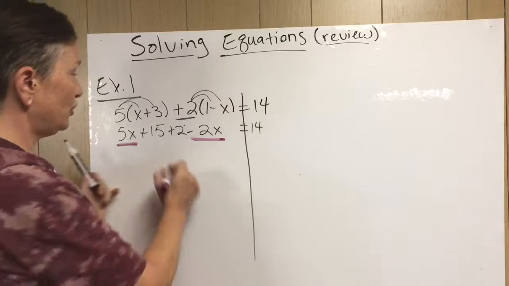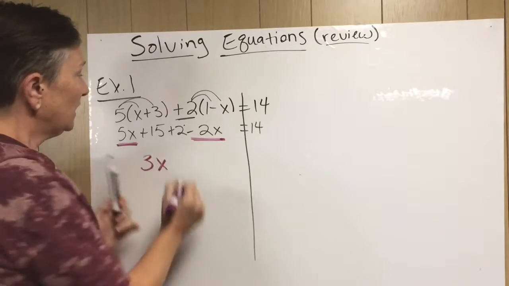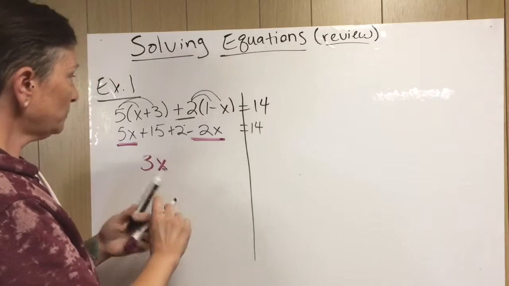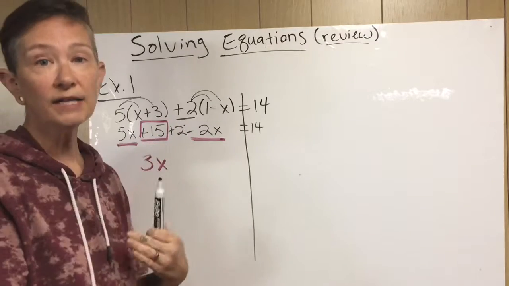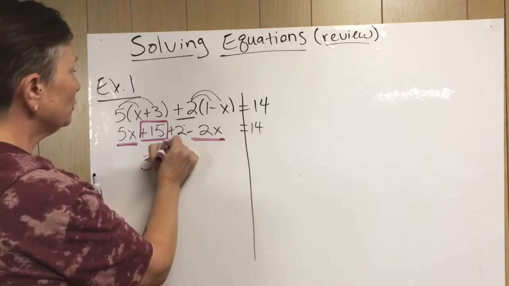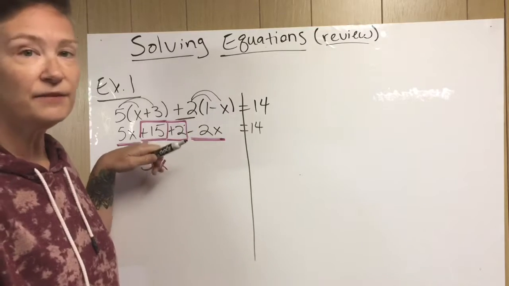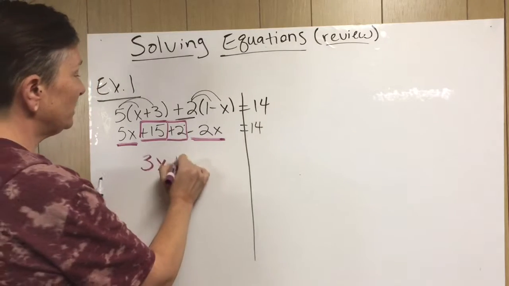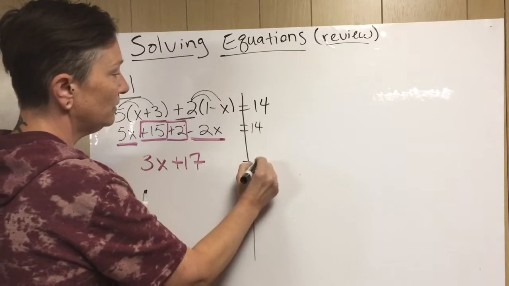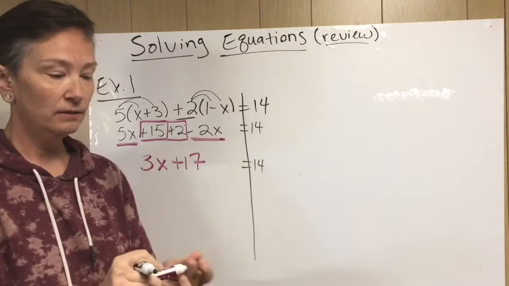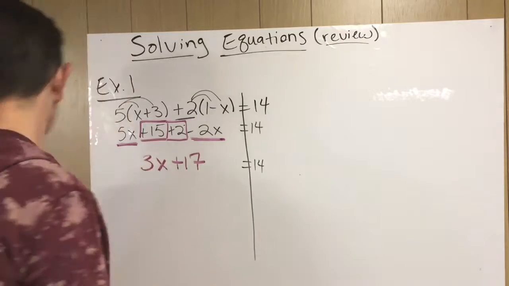So 5 minus 2, I get 3x. And then I also can combine my constants or my numbers. So that would give me positive 15 plus 2 is plus 17. And then I can simply drop my equals 14 down from the right-hand side.